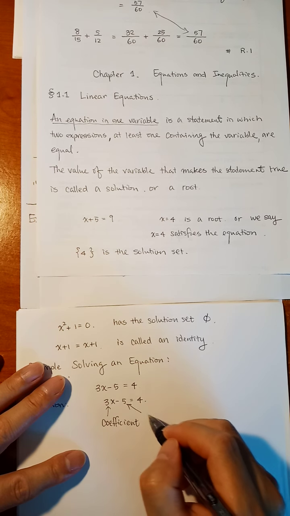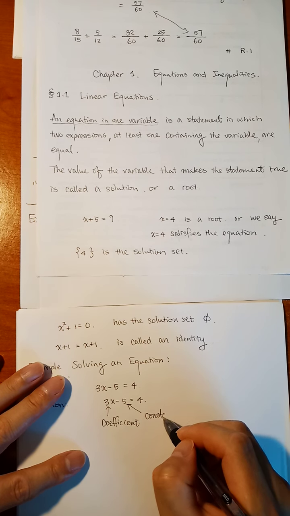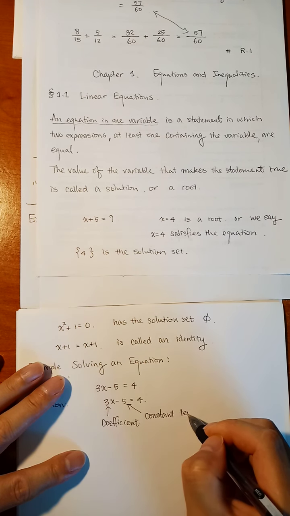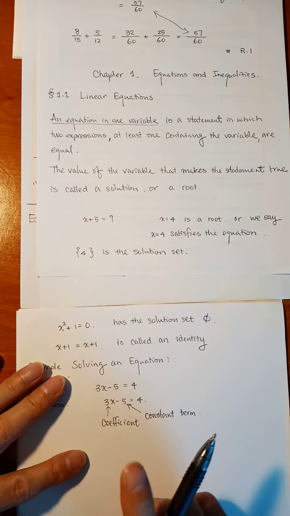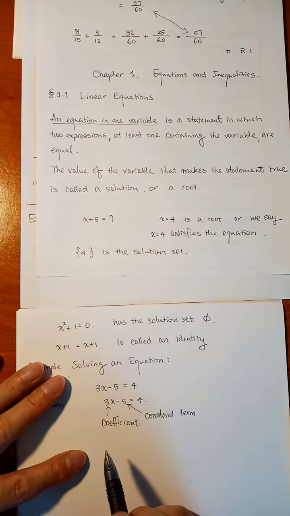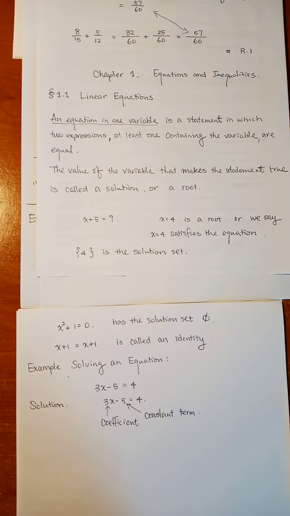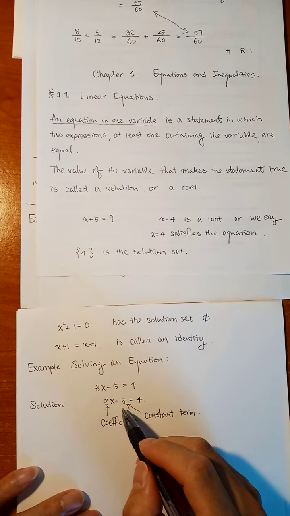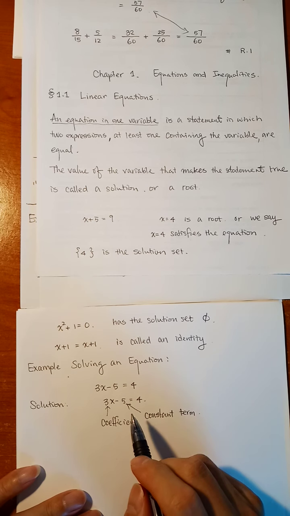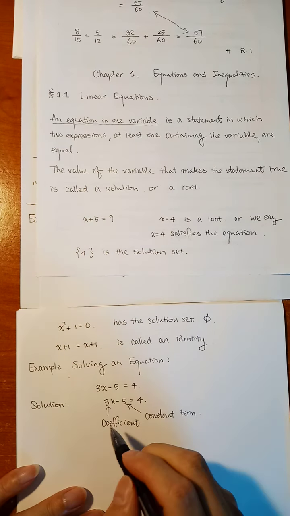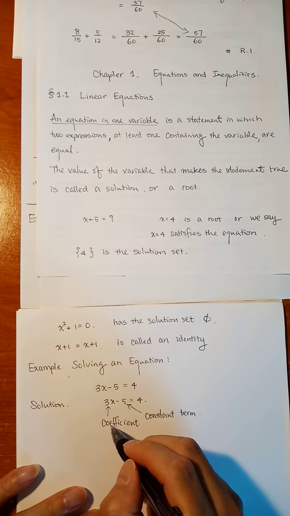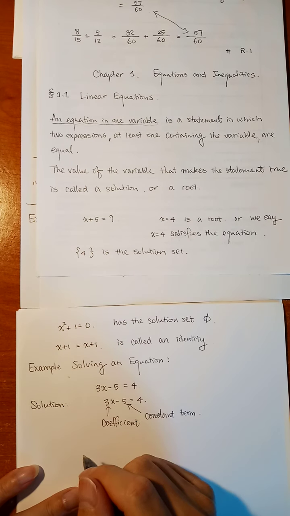This is the constant term. Okay, so this number, even though it's a number, is not a constant term, it's called the coefficient of x. It's joined with x. But this number is an isolated number.